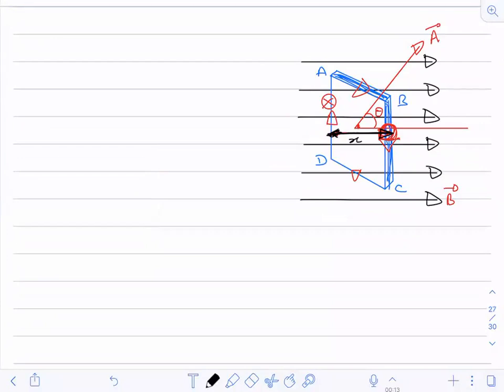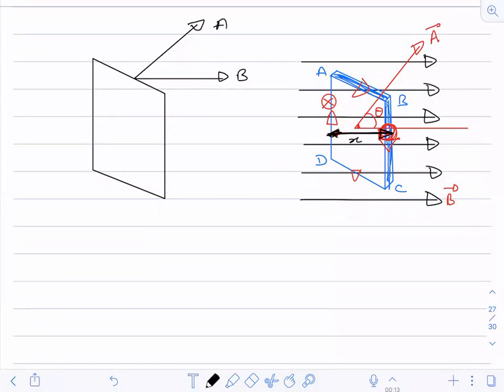Suppose this is the coil, this is the area vector, and this is the magnetic field. The angle between them is theta.